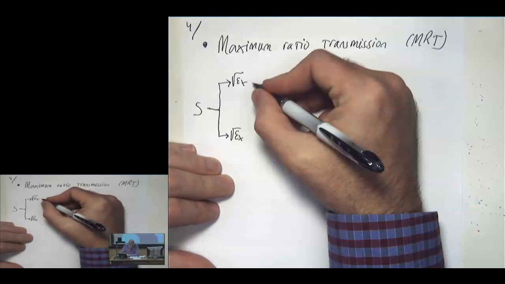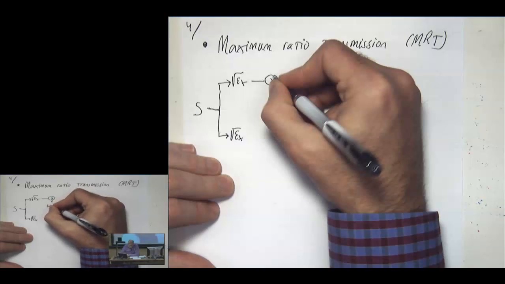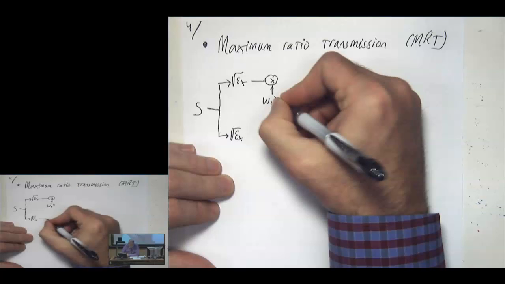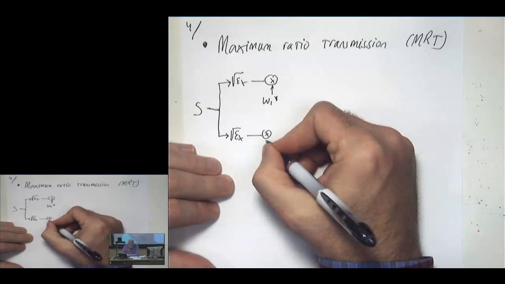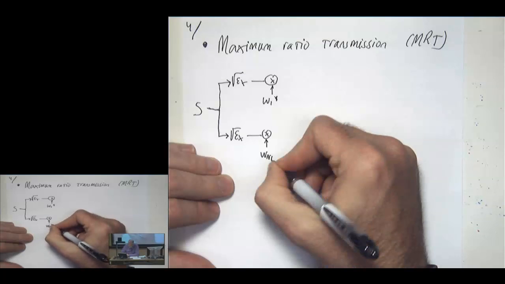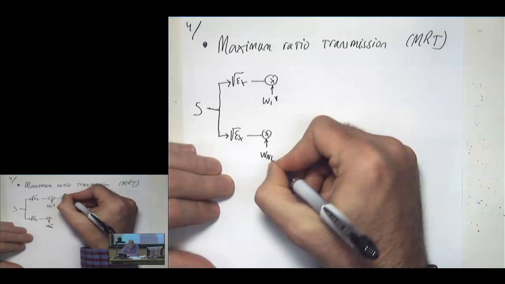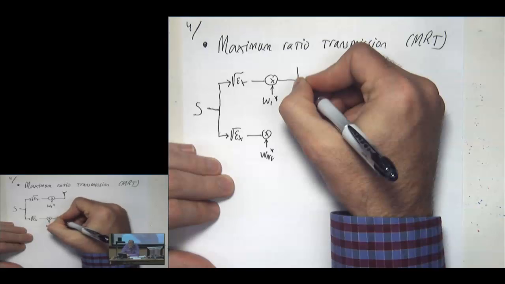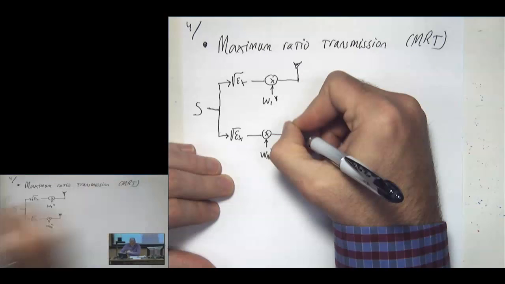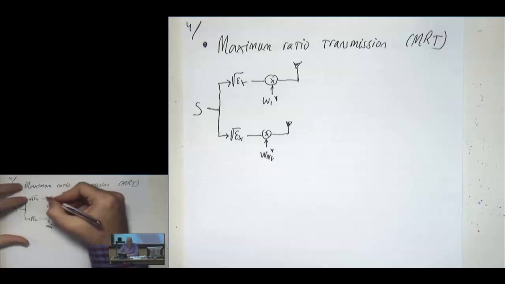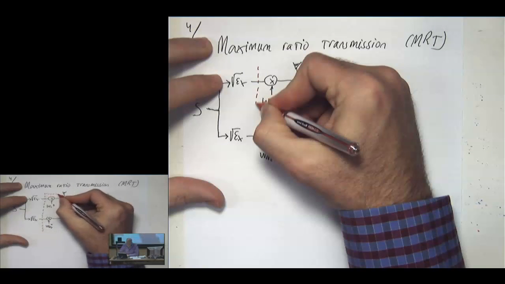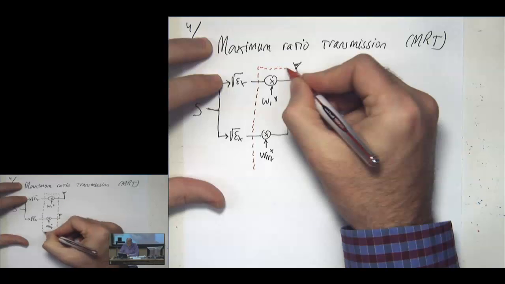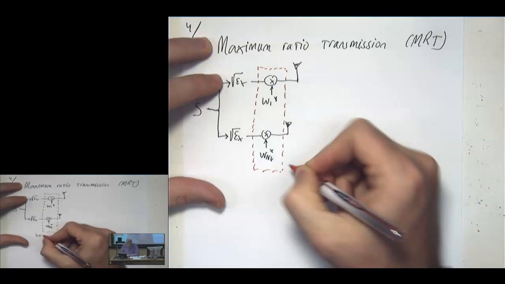We're going to have the square root of Ex, and then we're going to multiply that signal by some complex number, W1, and I'm actually putting the conjugate here for reasons that will become clear, down through W of NT. And this operation here is known as beamforming.